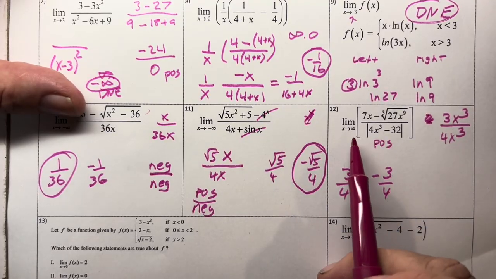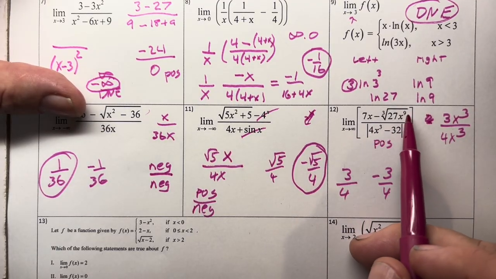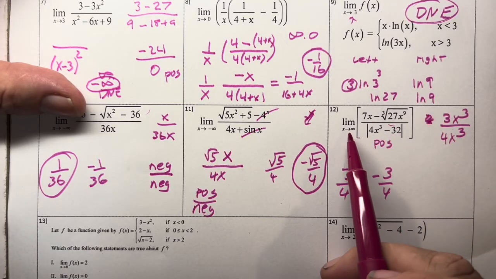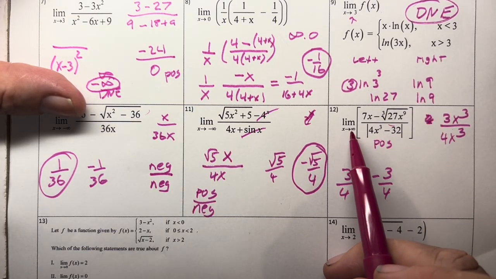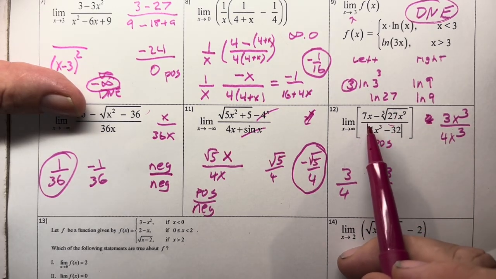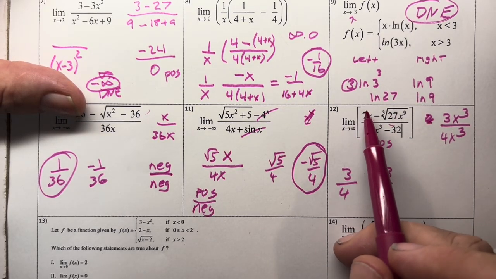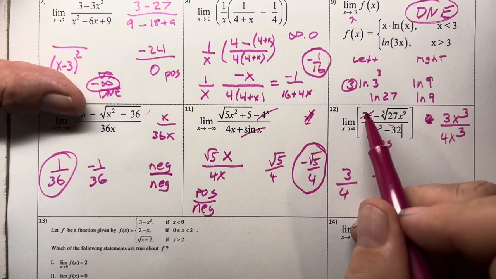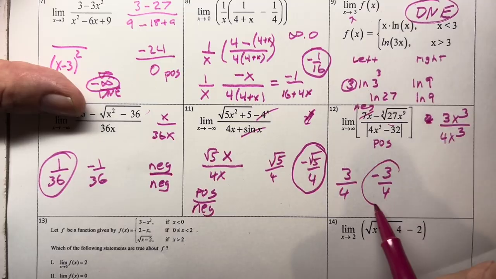All right, a lot going on here. Odd exponents means this can be negative. When I plug in infinity, this will still be positive, so it's going to be 0 or insignificant minus infinity. So negative on top, and so the answer is going to be negative 3/4.